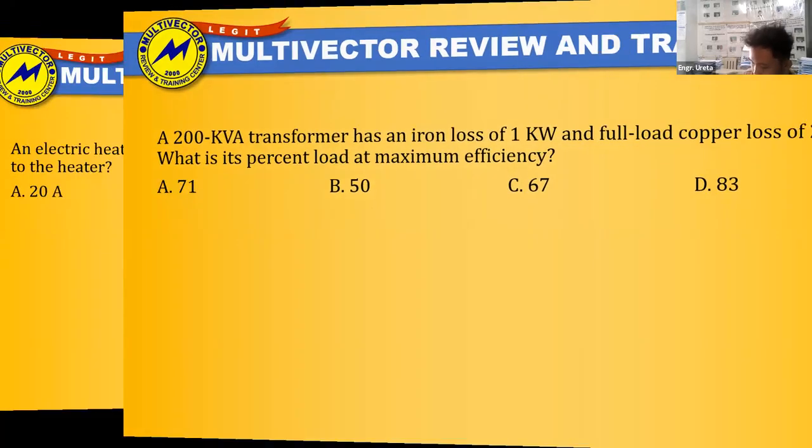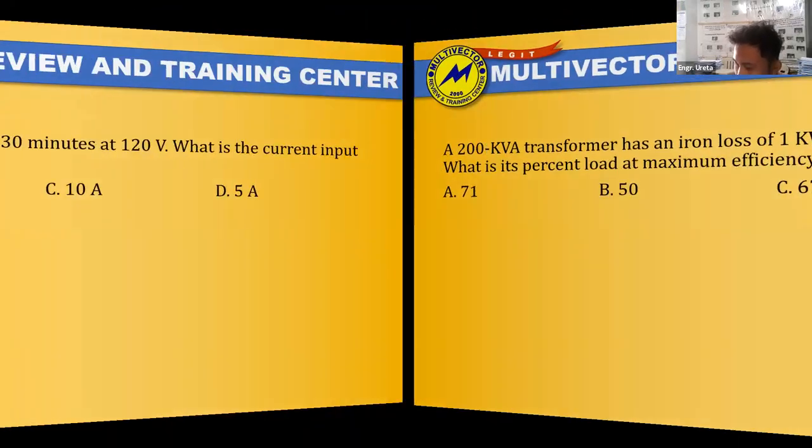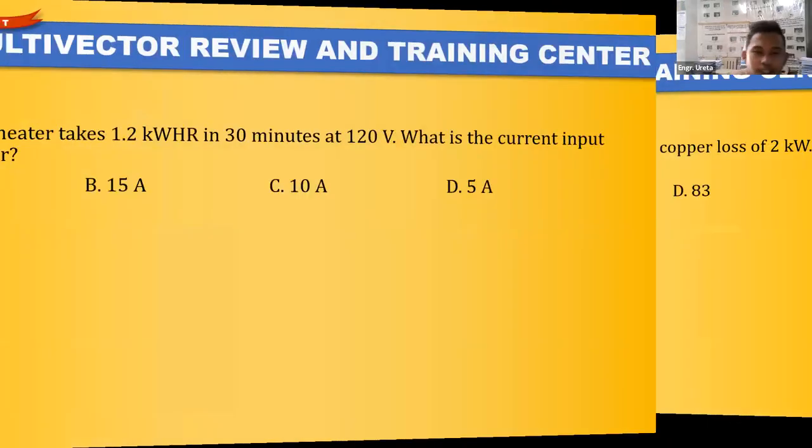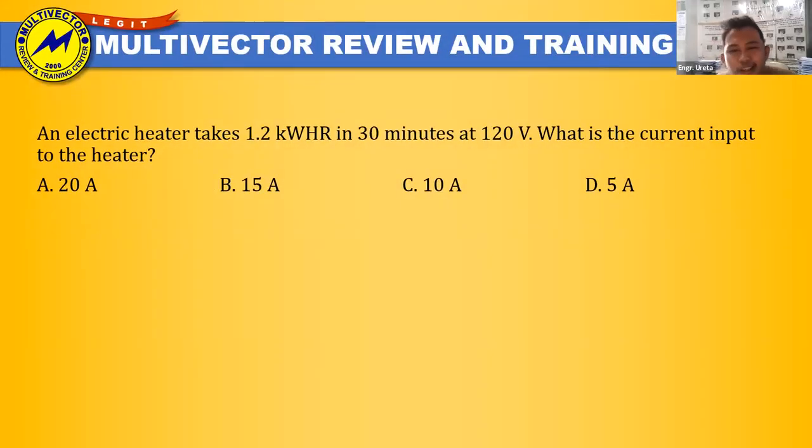Siyempre, pati yung mga relation ng primary and secondary. Next problem is problem number 38. An electric heater takes 1.2 kilowatt hour in 30 minutes at 120 volts. What is the current input? Okay, so may binanggit dito, yung 1.2 kilowatt hour, it's actually our energy. Electrical energy is just equals to 1.2 kilowatt hour.